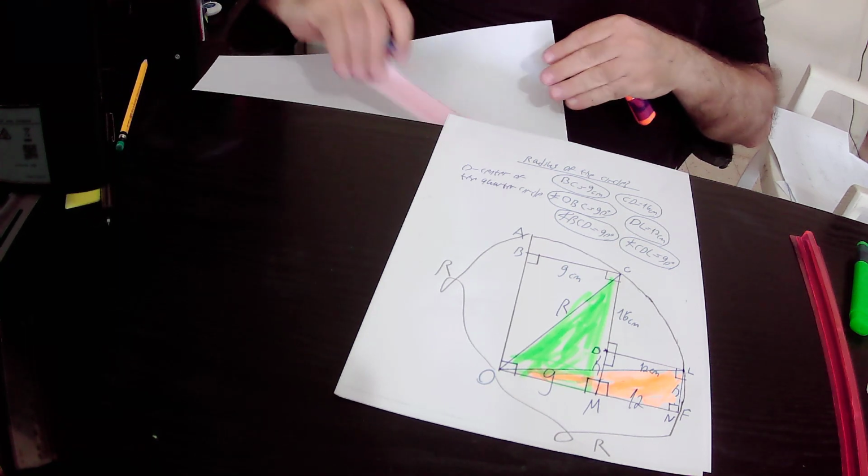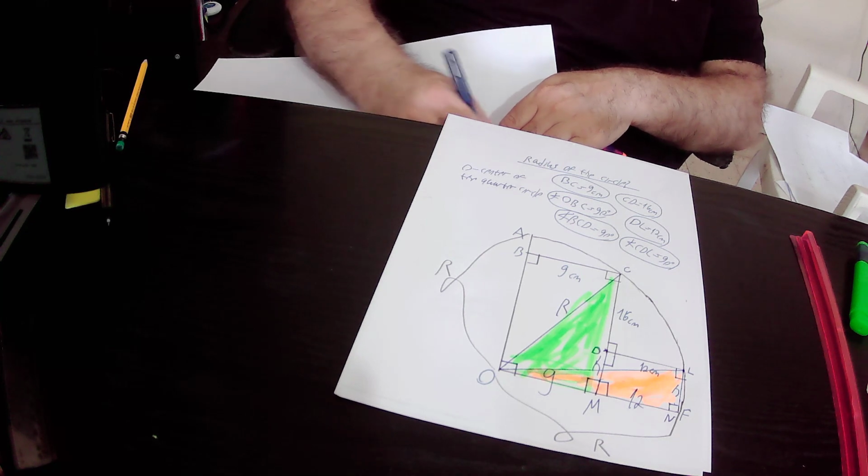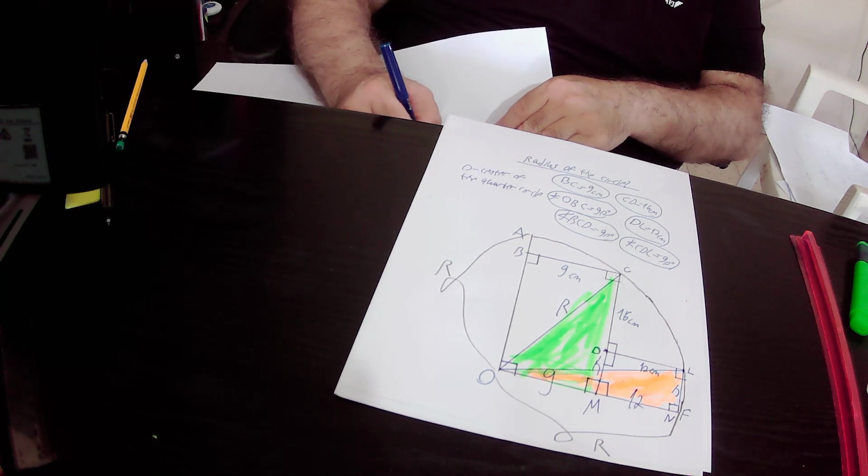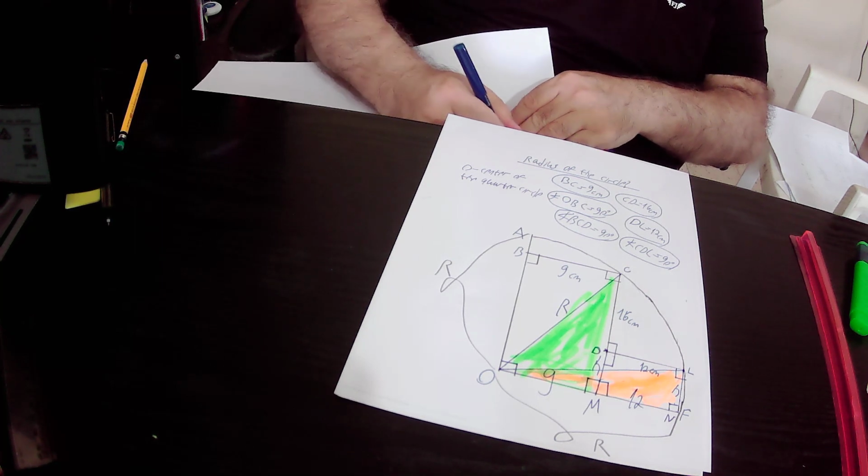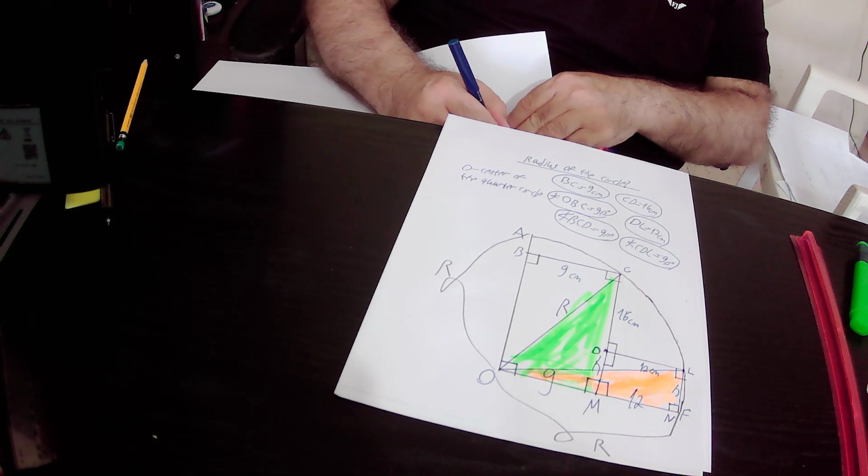In the orange right triangle, by Pythagoras theorem, the square of the hypotenuse equals the sum of the squares of the perpendicular sides.